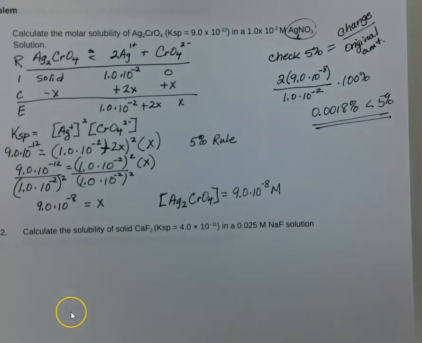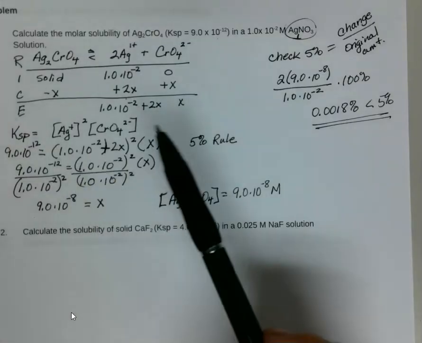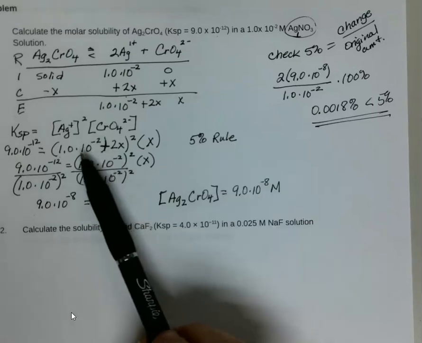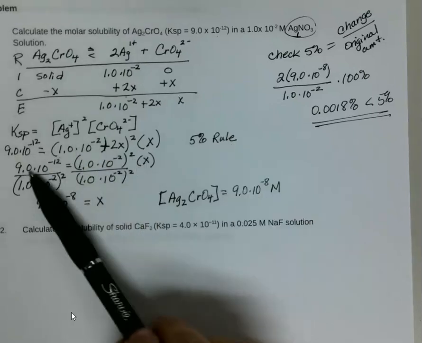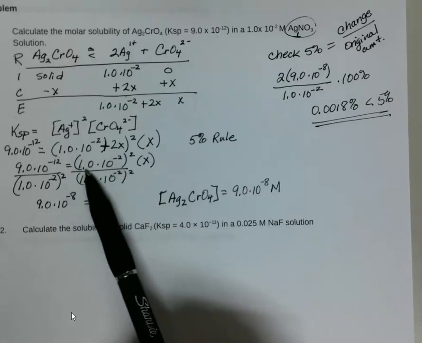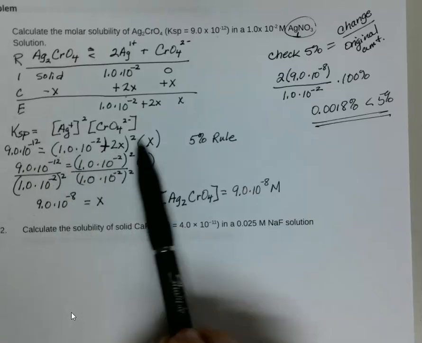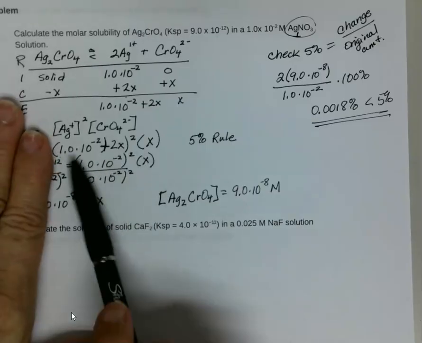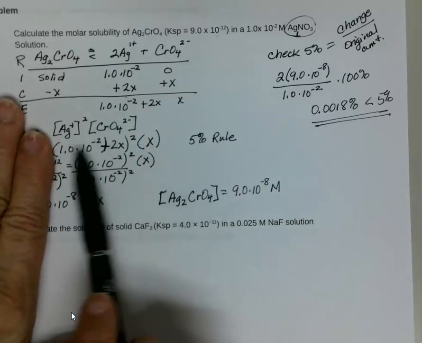Or, as we talked about earlier in class, the other thing you could do, while I'm mentioning this, is not worry about the 5% rule at all and put this in your calculator into your y equals. You really could have just done a y equals and put that whole piece in just like that.